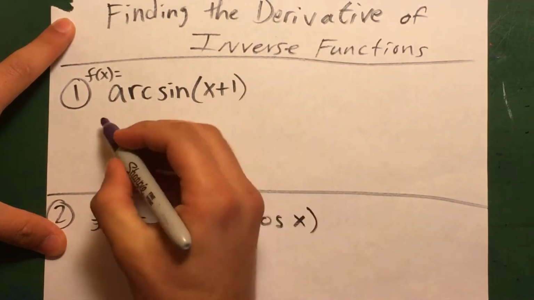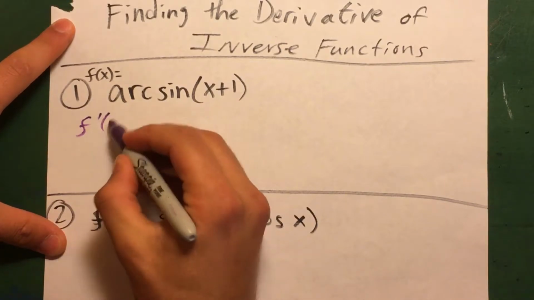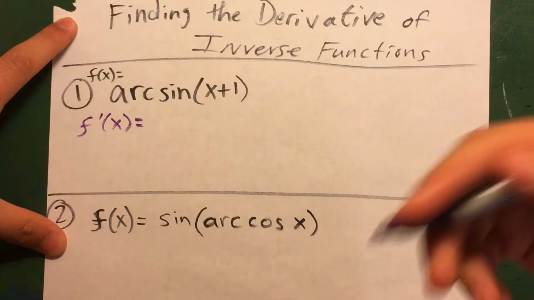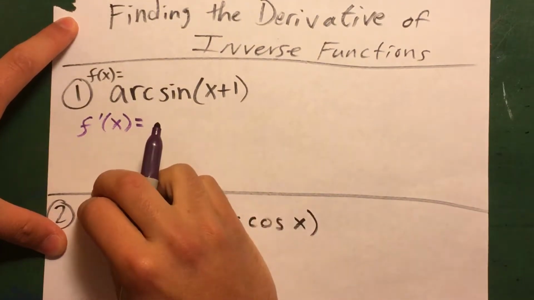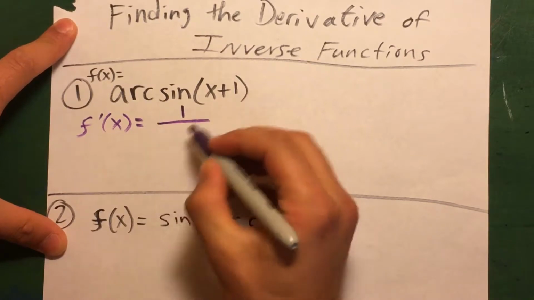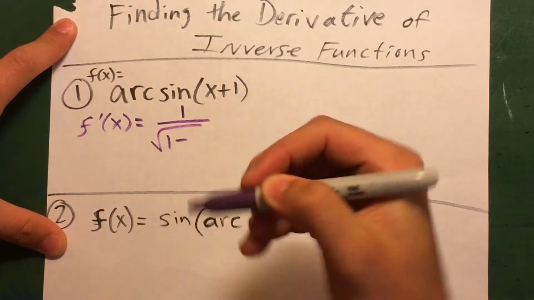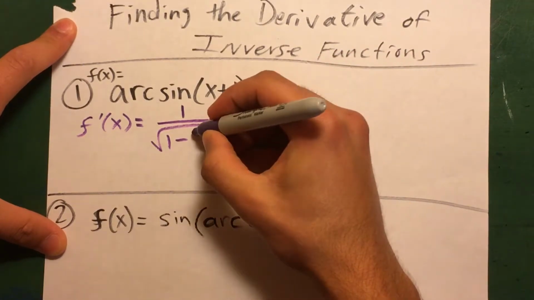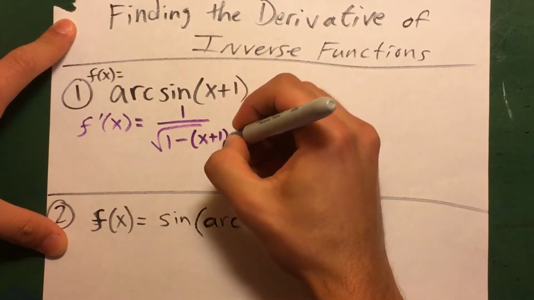place of x. You should remember the derivatives of arc sine, arc cosine, and arc tan. The derivative of arc sine of x is 1 over the square root of 1 minus x squared, but we're going to put x plus 1 in place of x, and we would get x plus 1 squared.